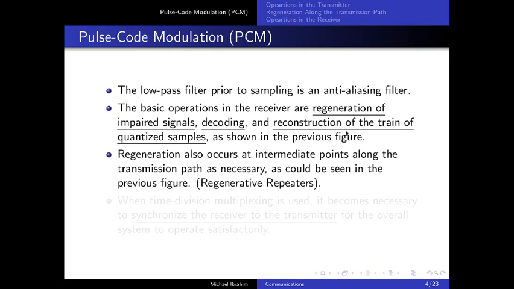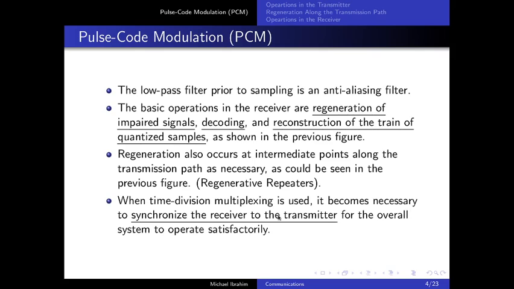And also along the transmission path, we have this kind of regeneration, the regenerative repeaters, along the path in order to overcome the effect of noise and interference. Additionally, by the end of this chapter, we will talk about the time division multiplexing, and when time division multiplexing is used, we need to have synchronization between the receiver and the transmitter, and we will see how we can achieve such synchronization.